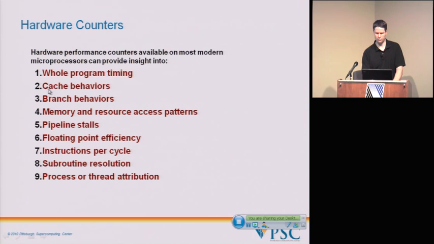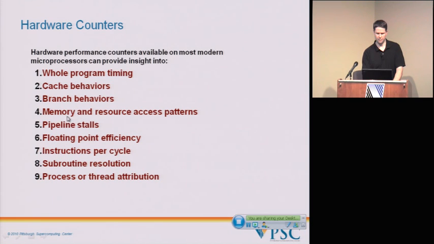Are we running into cache problems, where we're accessing variables that are not found in the cache, so we get a cache miss, and that takes many cycles to get that variable that we need into the cache and into the register so that we can work with it. So we can measure different events on the hardware.